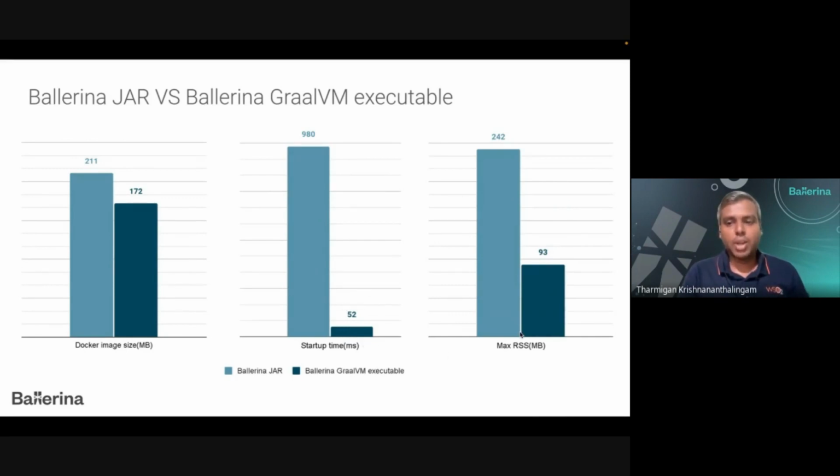And the memory footprint is also like 1/3 of the memory footprint in the JVM execution. So we sacrifice the compile time and we obtain smaller size images with better startup time and memory footprint due to the GraalVM executable.